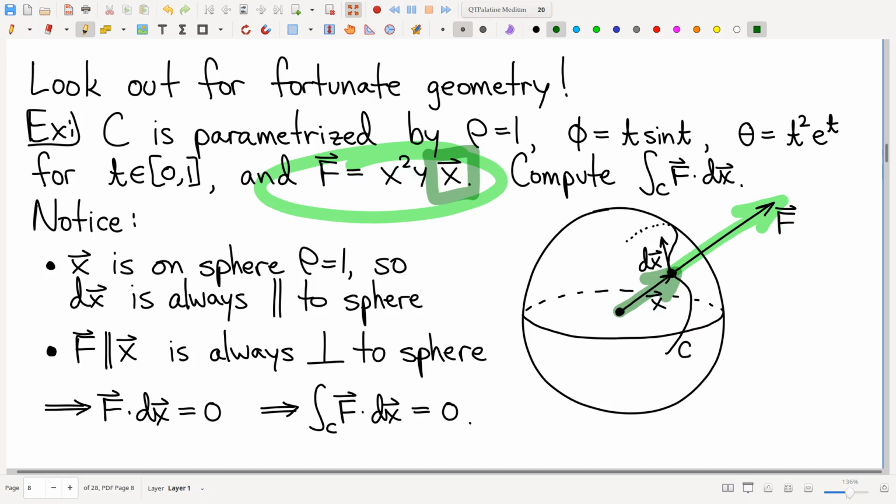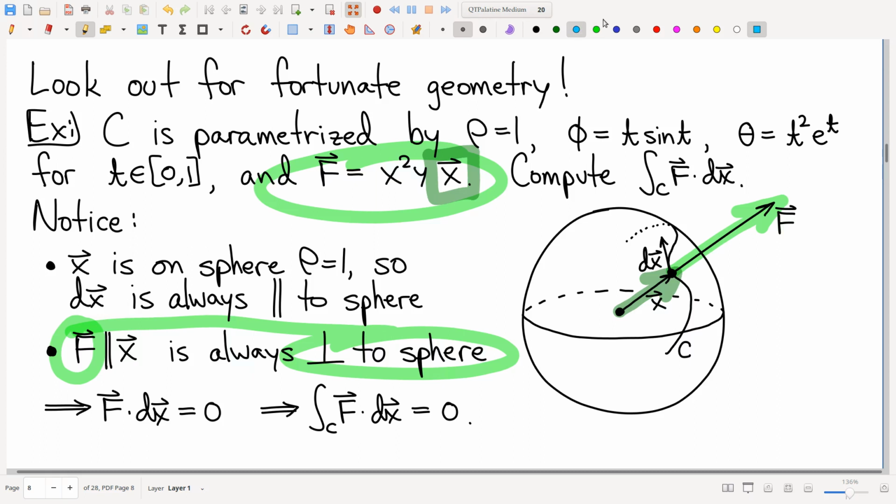It varies. But it's a scalar, which means that everywhere on this sphere, the vector field is parallel to that position vector. Which means that my field vector is always perpendicular to the sphere.